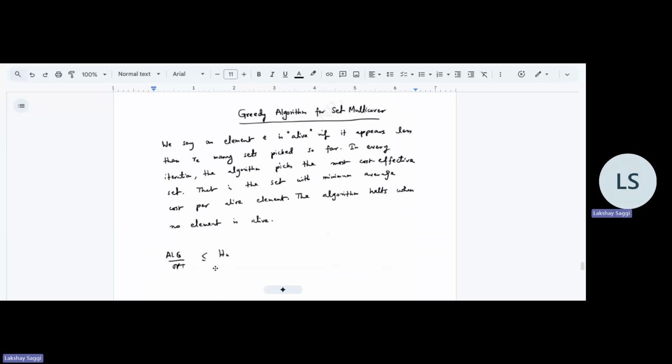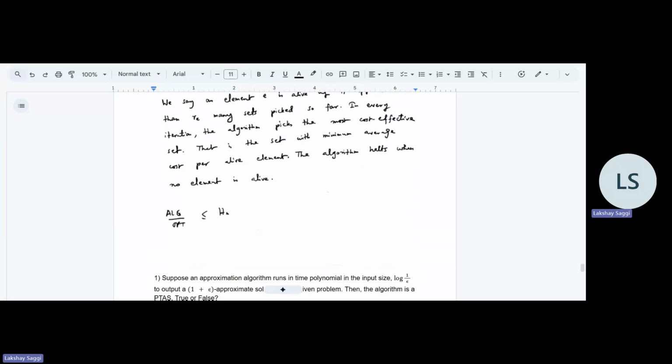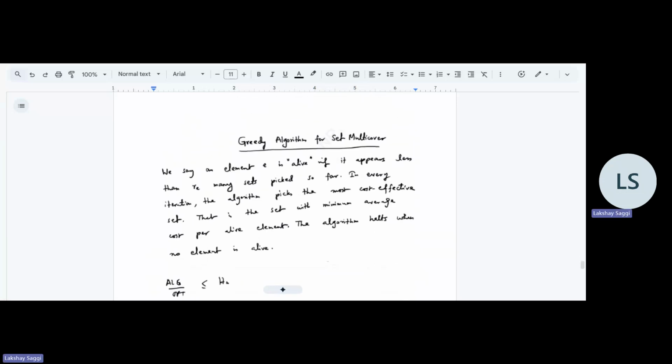Hn is the nth harmonic number, which is order of log n. So this algorithm is log n approximate for set multi-cover. This was all that was discussed in the lecture videos for this week.